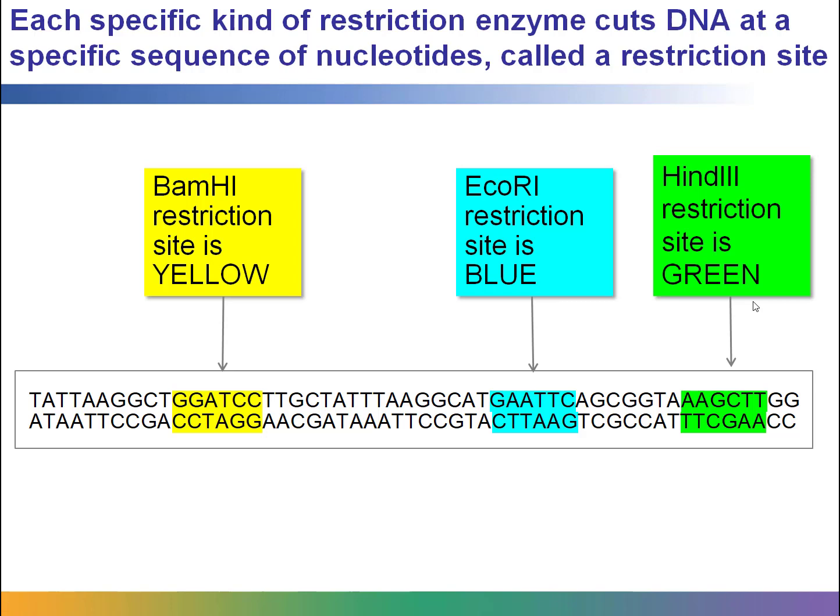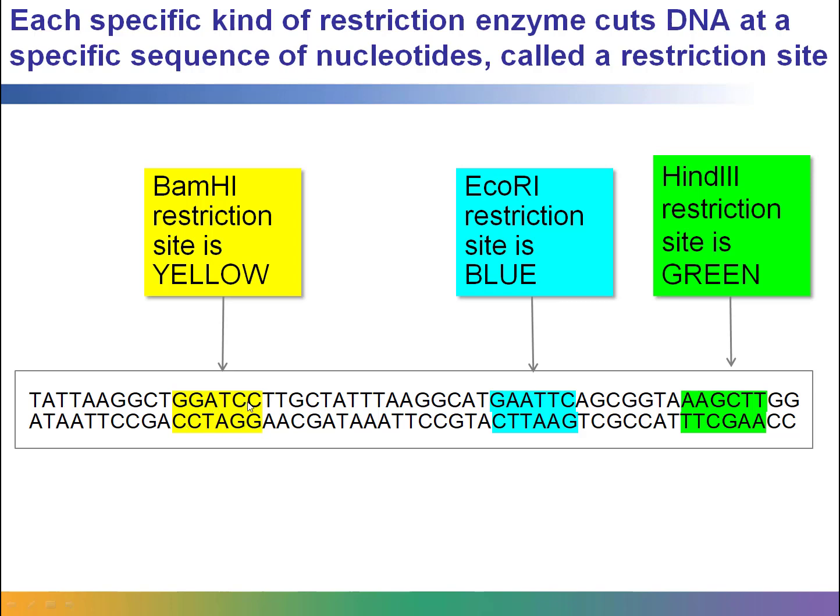Like most restriction sites, the sequence of base pairs is the same whether you read it from left to right or from right to left, and that's because of the way our nucleotides pair up. If you look at this section here, this is where this BamHI restriction site will cut. It's looking for GGATCC on this section of DNA, so it's going to read it this way. And then there's also going to be a restriction enzyme that's going to read it this way, and so it's going to look for GGATCC.